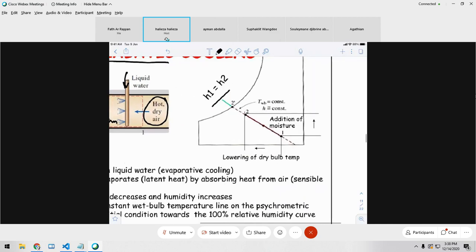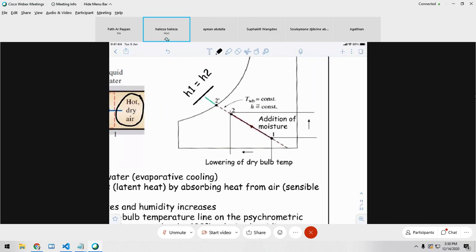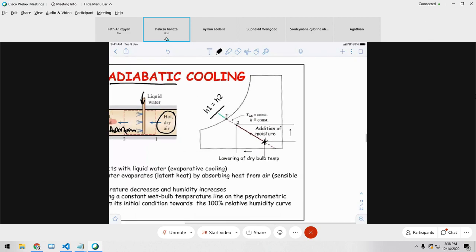Okay? So how to go about it? If you look at the psychrometric chart, initially you're at point 1. That's the initial position. If you spray liquid water into the system, your system will not move horizontally. On the psychrometric chart, it will move along the diagonal line, which is your enthalpy line, to the final condition, which is denoted as 2.